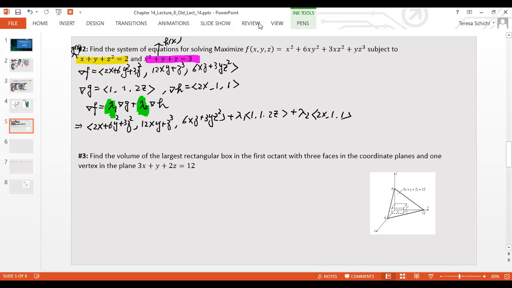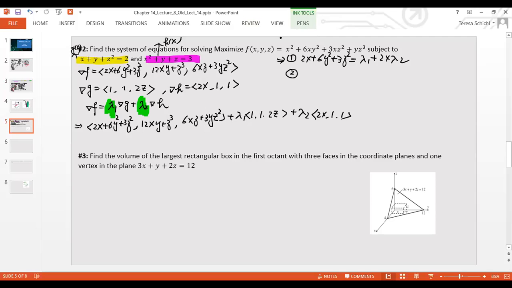So when you multiply that out, your first equation will be 2x plus 6y squared plus 3z squared is equal to lambda 1 plus 2x lambda 2.